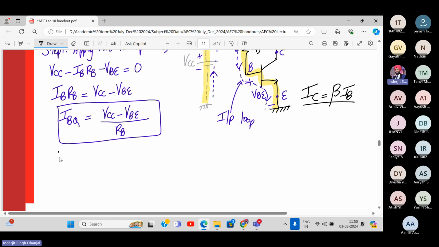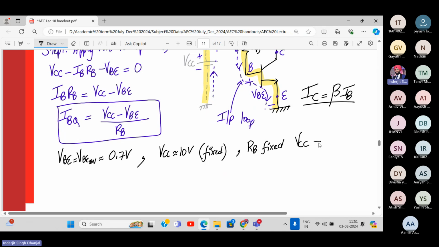Let us understand. Normally this VB is actually VBE on, and this typically voltage is around 0.7 volt. Yes or no? VCC value is around, let's say 10 volt. It's a fixed value. It will not change throughout. And resistor value RB is also fixed. It will not change. And as you can see over here, VCC is very much greater compared to VBE, even if VBE changes.